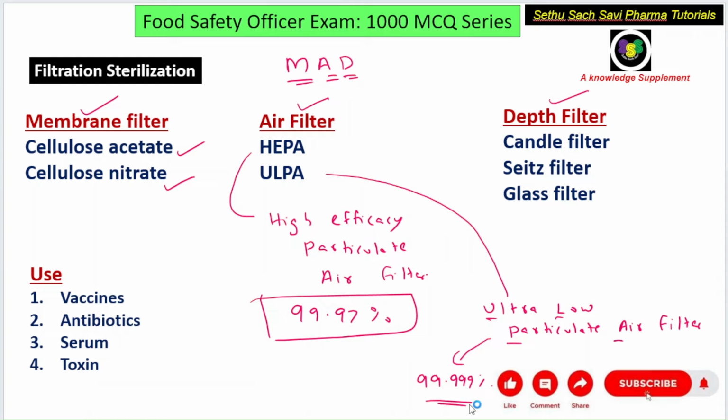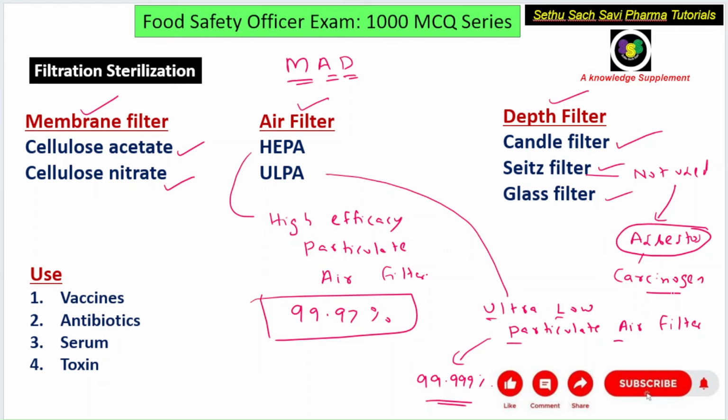Coming to depth filters, the examples are candle filter, Seitz filter, and glass filter. Nowadays, Seitz filters are not used. Why? Because it is made up of a chemical called asbestos, and you know that asbestos is carcinogenic. They can cause cancer. So that is why Seitz filters are not used nowadays.